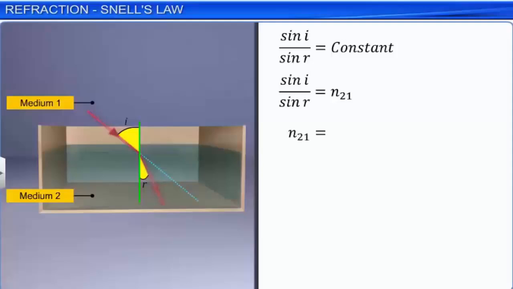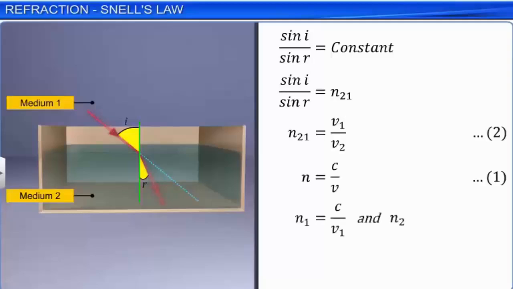By using equation 1, we can write N1 is equal to C by V1 and N2 is equal to C by V2. Therefore, V1 by V2 is equal to N2 by N1. Using equation 2, N21 is equal to V1 by V2, which is equal to N2 by N1.